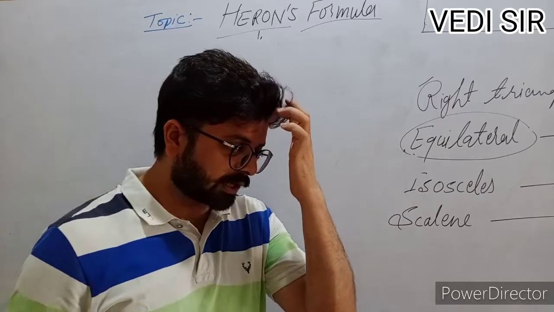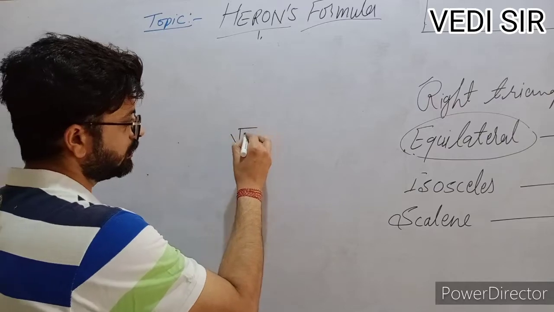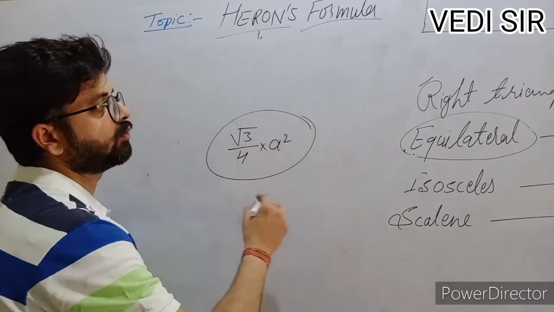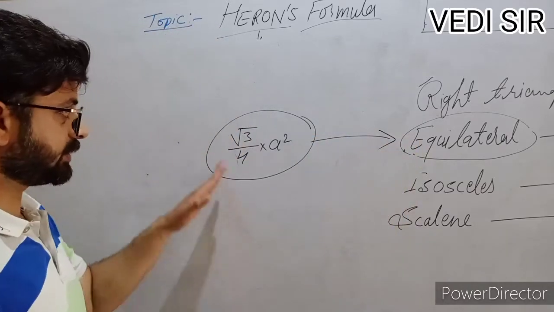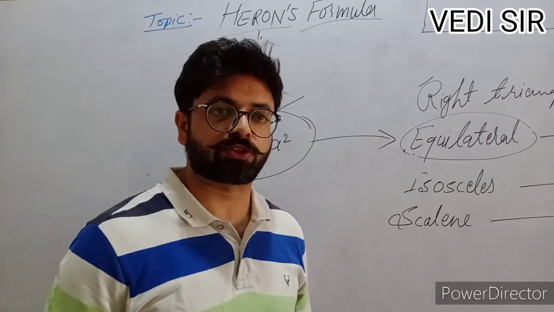First of all, guys, one formula you have seen many times: root 3 by 4 into side square, for the area of an equilateral triangle. Why would we apply half of base into height?